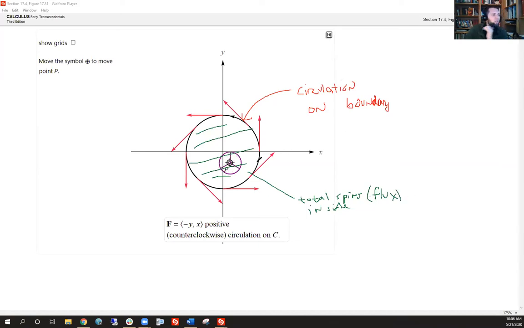Does that make sense? Yeah, I was just kind of confused what it meant, but flux, that makes sense. Okay. And I assume you've had physics, is that right? Yeah, the flux just represents the change, right? Yeah, it's like the change, but in a rotational sense. It's like a measure of rotation somehow.